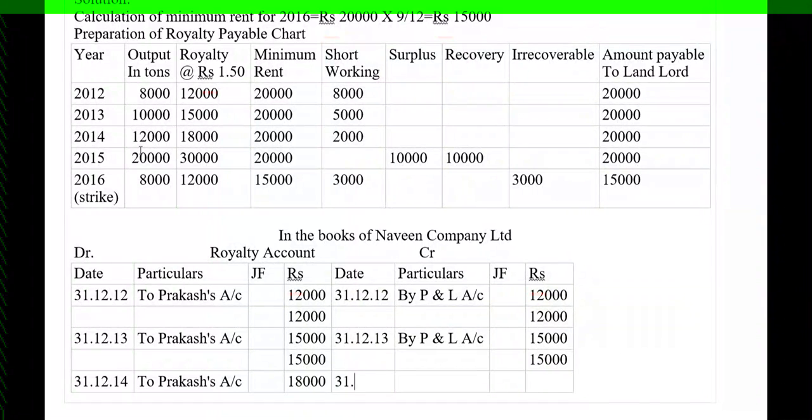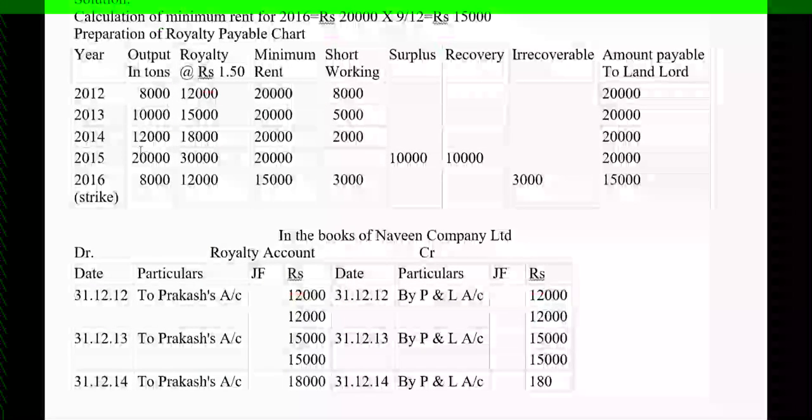So when it is transferred at the end of the year, that is on 31st 12/2014 to the P&L account, then it will be profit and loss account debit to royalty account. So royalty account is credited by P&L account. So here it is 18,000.